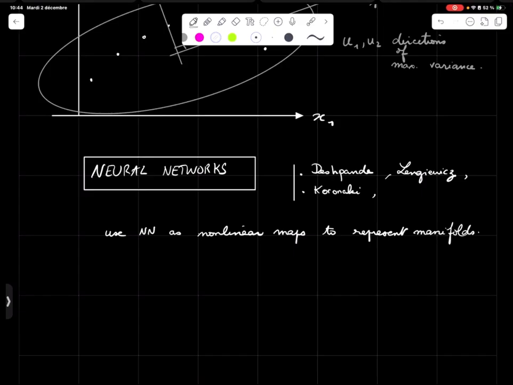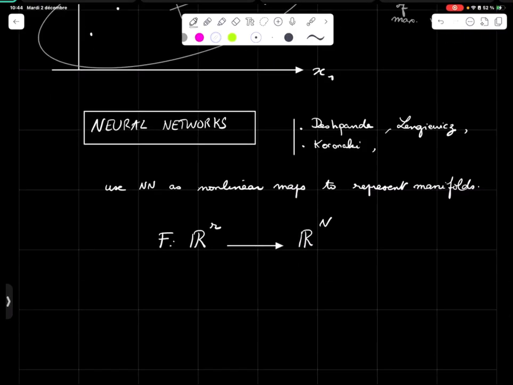So now, if you think about a neural network, that's something like a function from R, the real numbers to the power small r, to the real numbers to the power big N. So that thing is low dimensional.